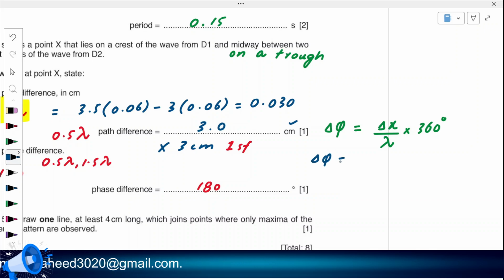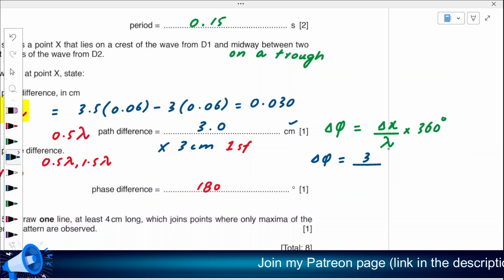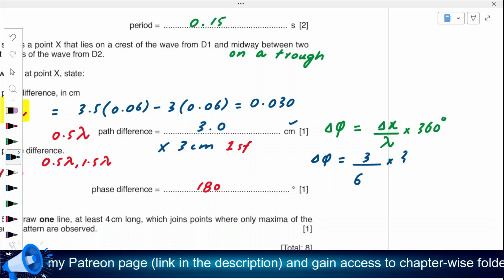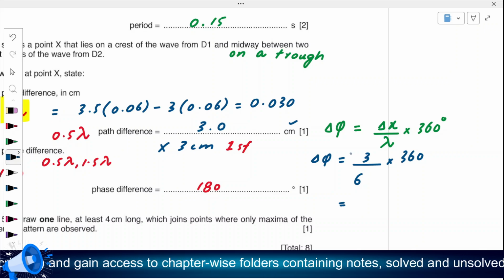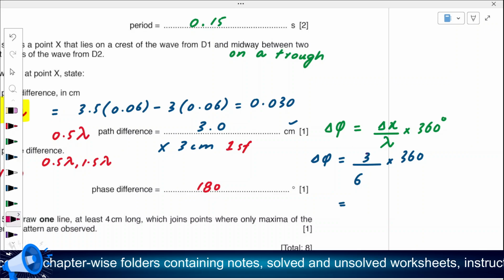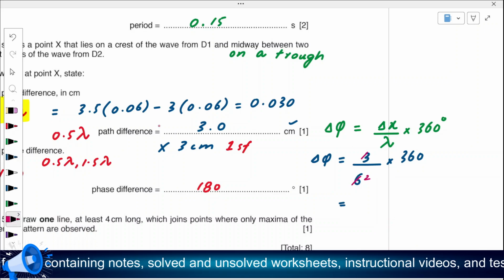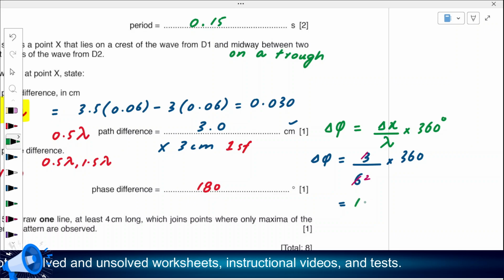So for example, what was the path difference? It was 3 centimeter divided by, what was the wavelength in centimeter? 6 centimeter, times 360. So you would know, 3 2s are 6, then 360 divided by 2, you'll still be getting 180.